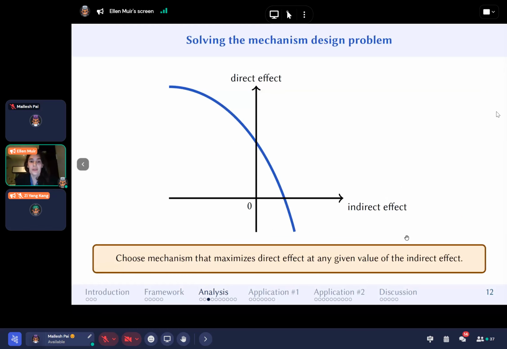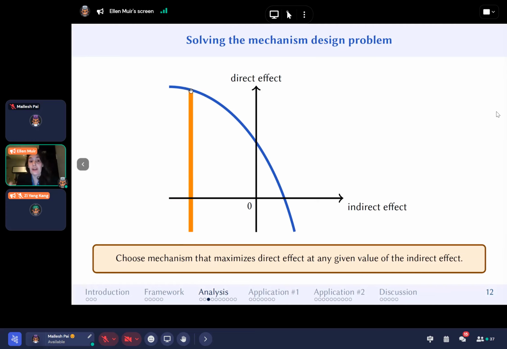And so as I was alluding to on our previous slide, basically what this is going to amount to is tracing out this Pareto frontier. So for a given value of the indirect effect, which amounts to just choosing some particular price P that we're going to be inducing in the aftermarket, we then want to maximize the direct effect.